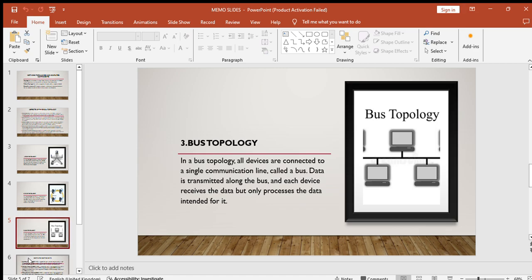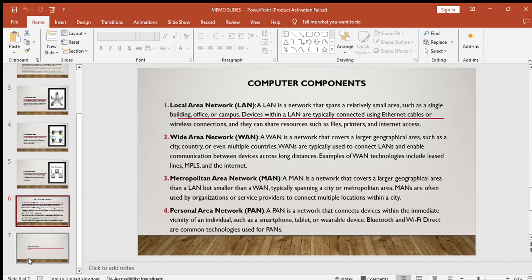Okay, so now we have the computer components. We have the local area network, that's LAN. A LAN is a network that spans a relatively small area, such as a single building, office, or campus. Devices within a LAN are typically connected using Ethernet cables or wireless connections, and they can share resources such as files, printers, and internet access. The other computer component is the wide area network, that's WAN.